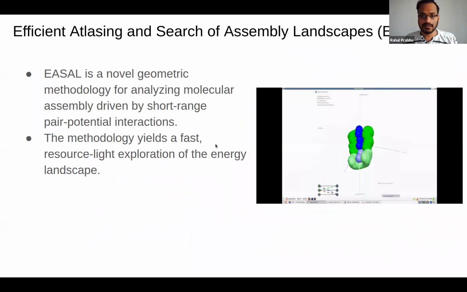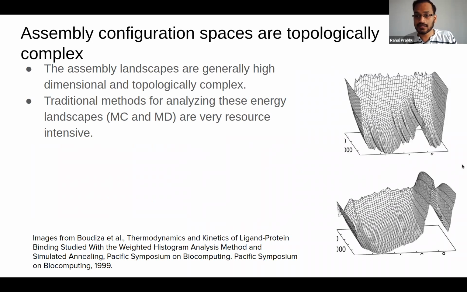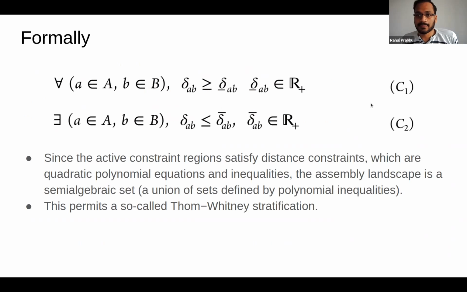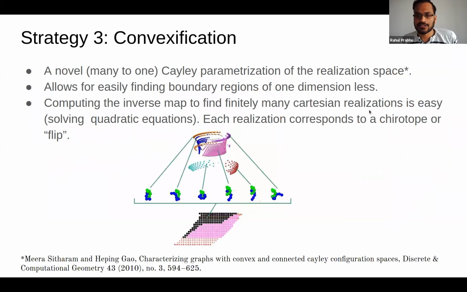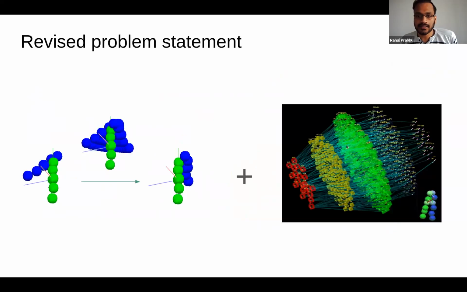As you can imagine, if I were to give you the original configuration space, this would be quite hard to do because it's highly non-convex and disconnected, and you wouldn't know where a 1D configuration would be. But in Easel, because we have partitioned the configuration space and arranged it neatly, when I start at a rigid configuration and drop an active constraint, I know exactly the 1D configuration space I'll be in.